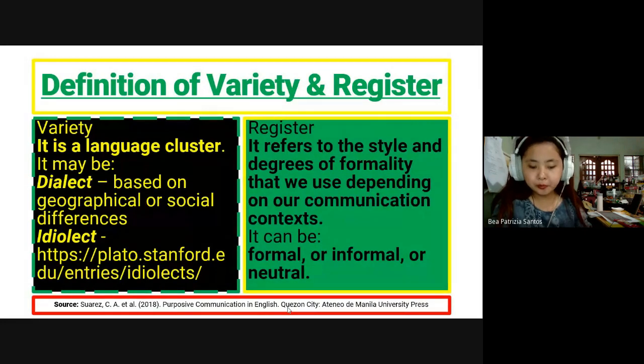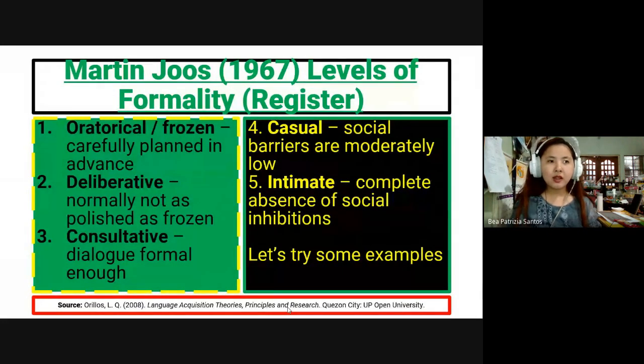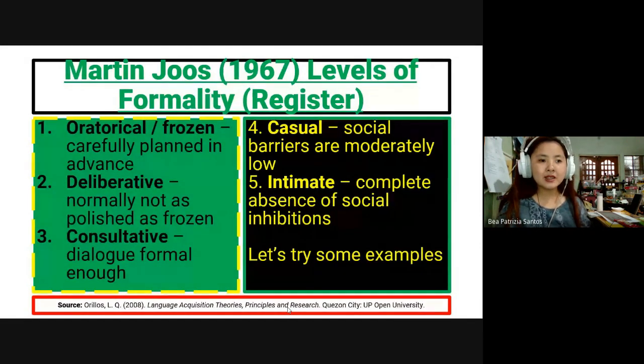And finally, neutral communication is for technical communication. Aside from that, registers can be classified according to Martin Joos's levels of formality. You can read that on your own. I will just give you some examples.